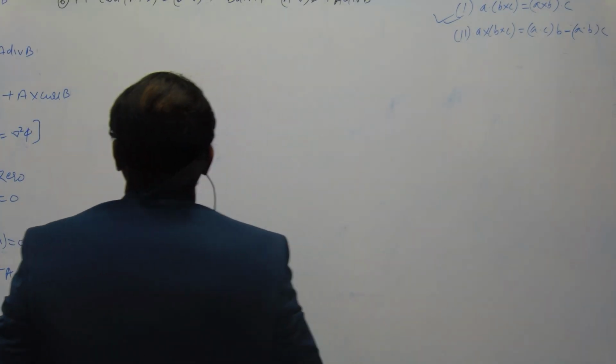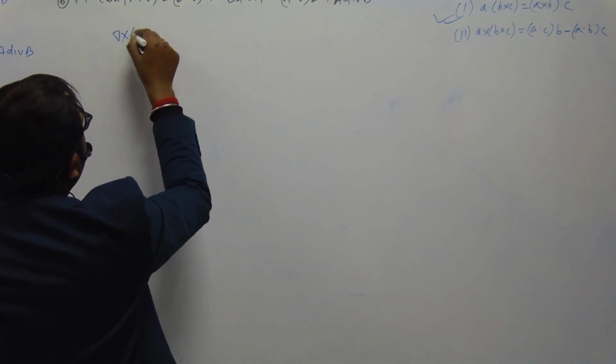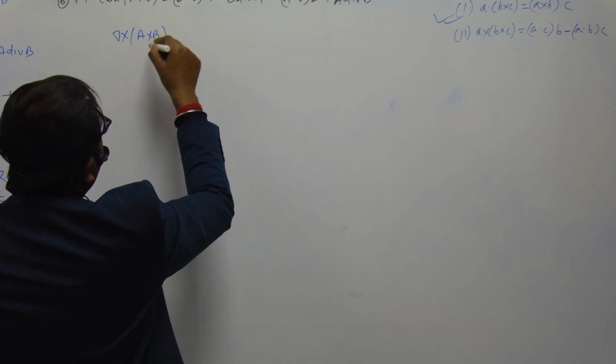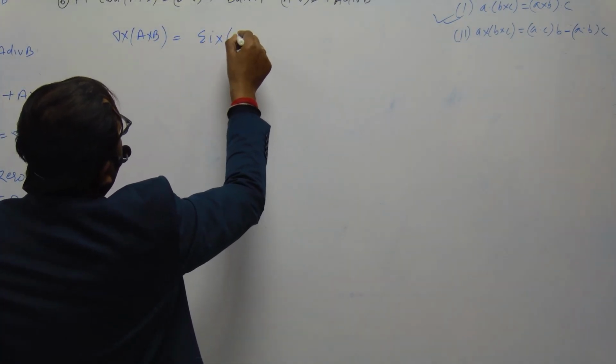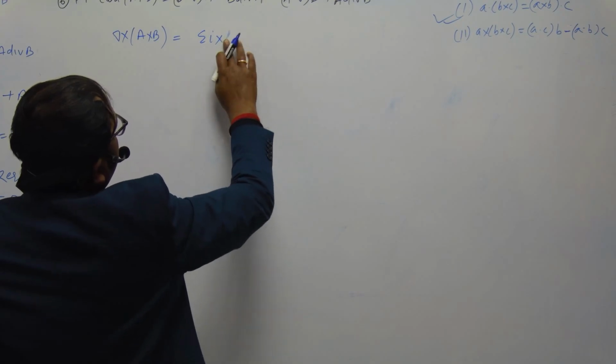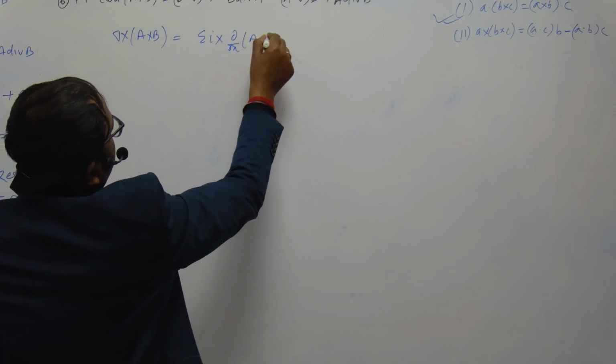Let us solve this. So we have the curl of a cross b. So this is del cross a cross b. Okay, so we can write this as summation i cross del upon del x of a cross b.